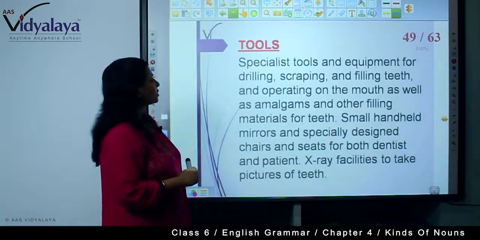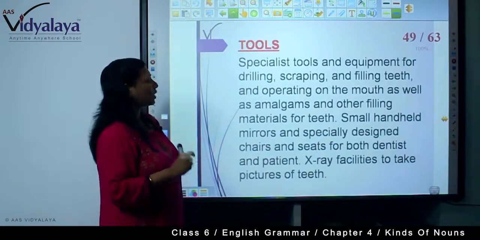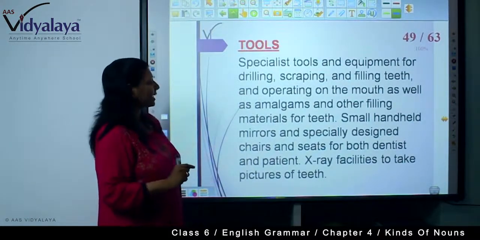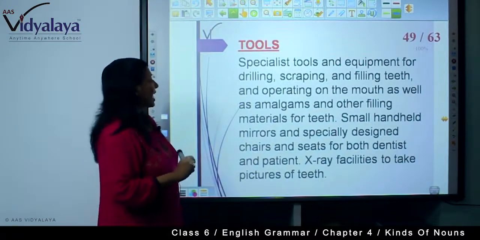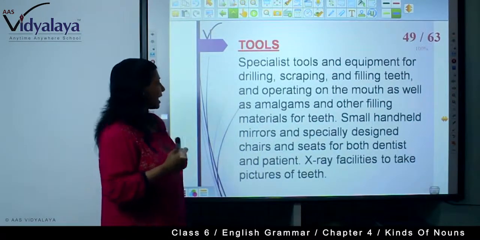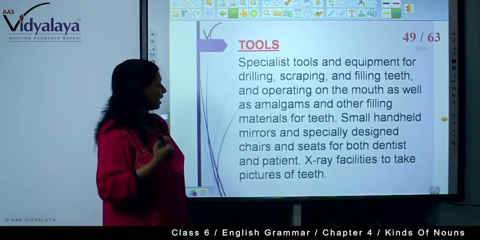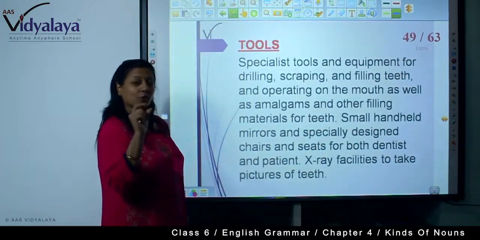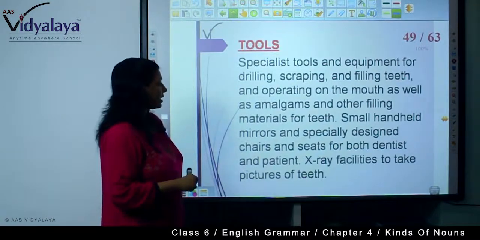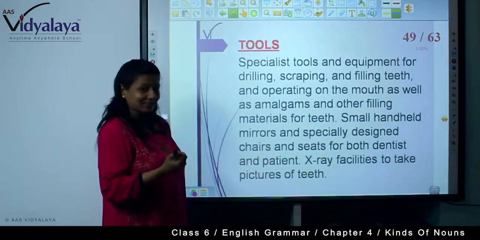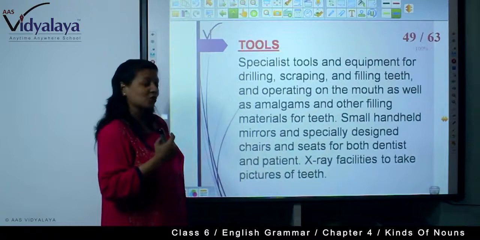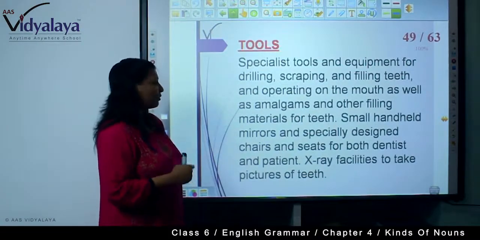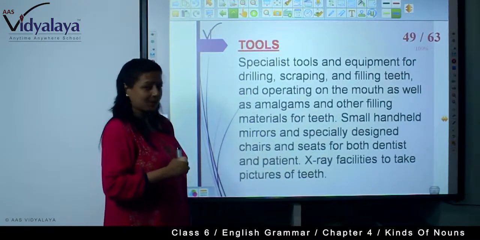Tools are specialist tools and equipment for drilling, scraping and filling teeth, and operating on the mouth, as well as amalgams and other filling materials for teeth. So all these equipment and tools are there. Small handled mirrors and specially designed chairs and seats for both dentist and patient.